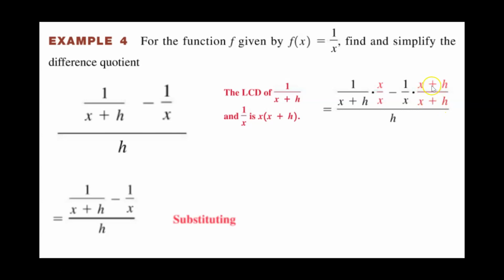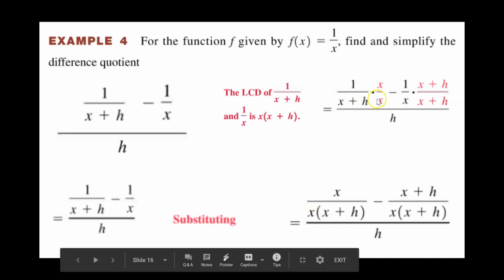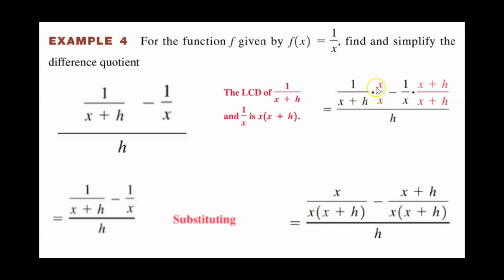Again, we do it on top and bottom because this part in red is equal to 1. If I multiply anything by 1, notice I'm not changing the problem any. I'm just manipulating the problem in order for us to subtract fractions. So once I multiply these two together, you can leave it separated if you want to. Just leave the parentheses here on the bottom, and the top part will be x.